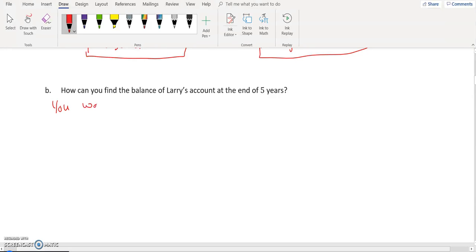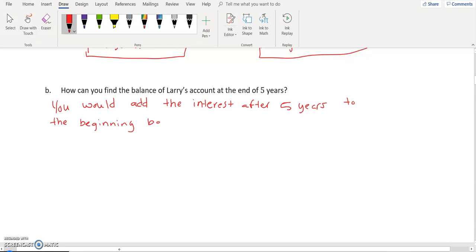You would add the interest after 5 years to the beginning balance.